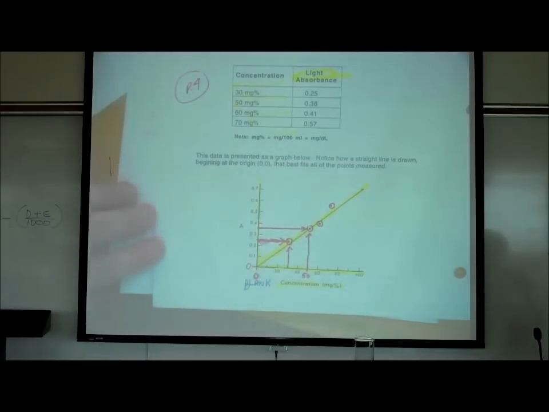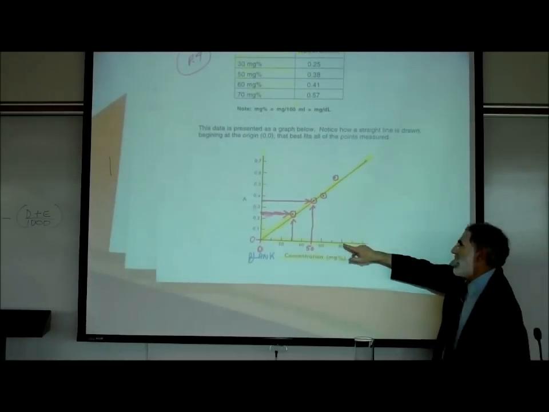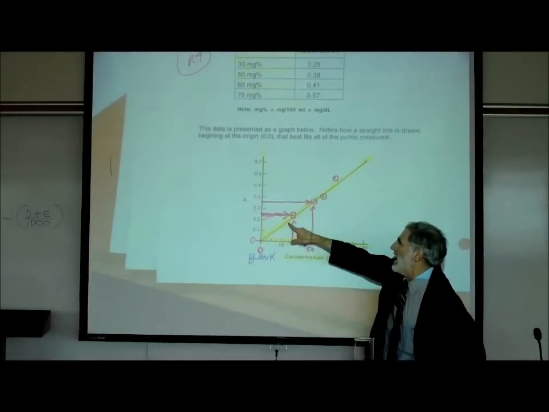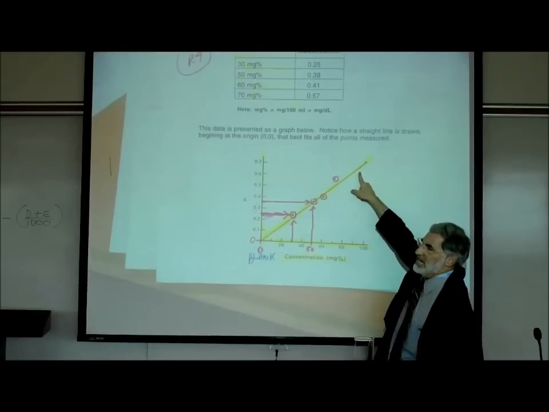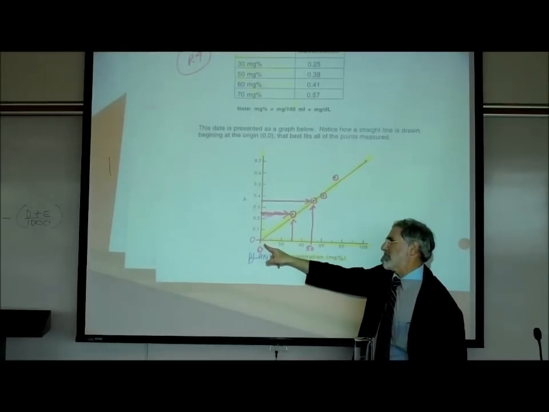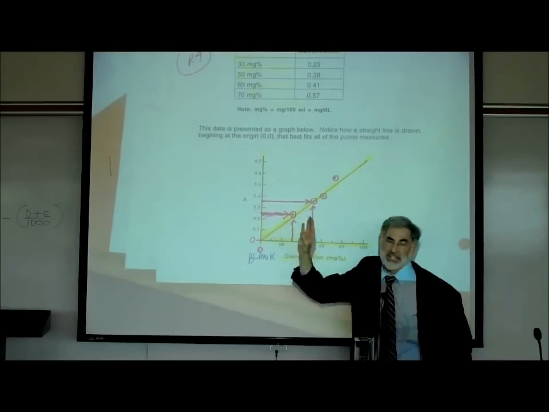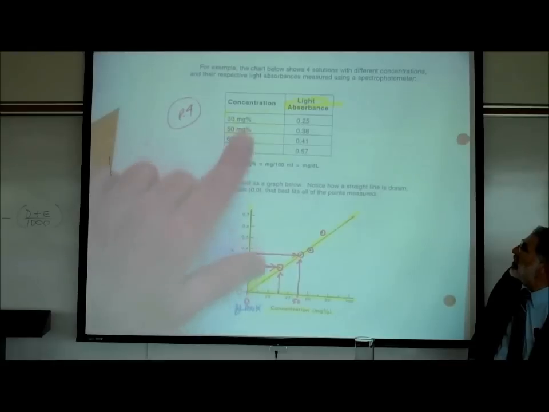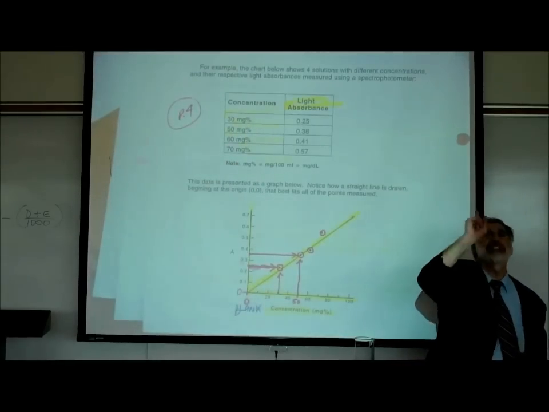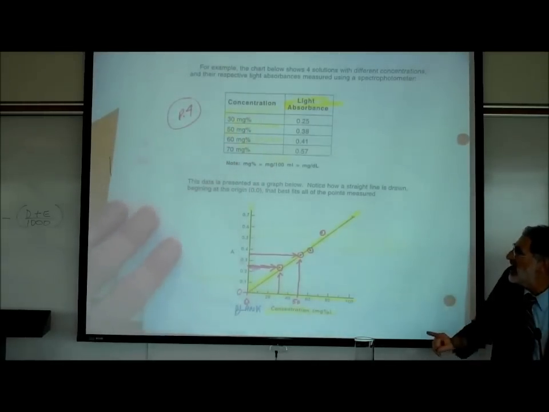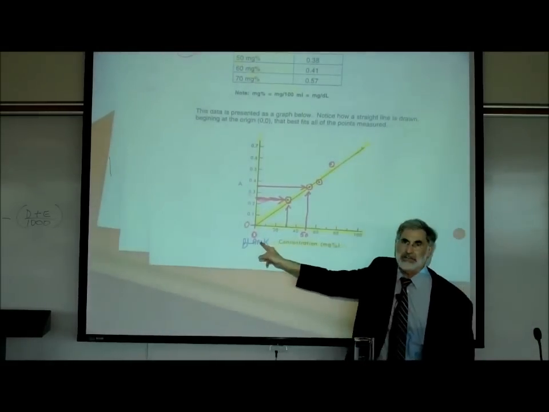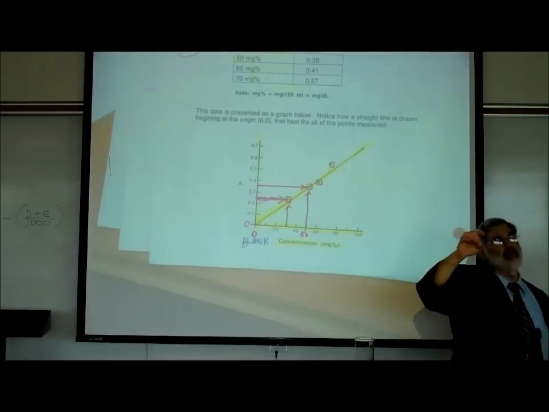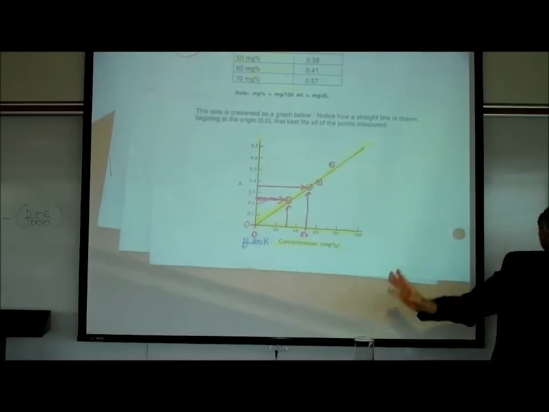All right, so we have now constructed a graph, and then we draw a line that best fits these data points. I want to emphasize that when we do this, not only did we use these known data points, there's one more data point that's known, and that's called the blank. The blank is when we usually just use plain water.